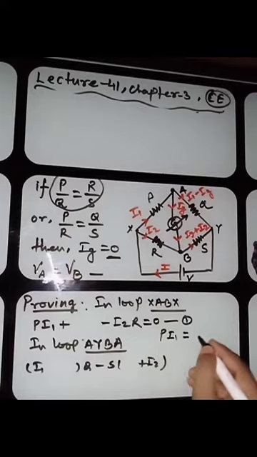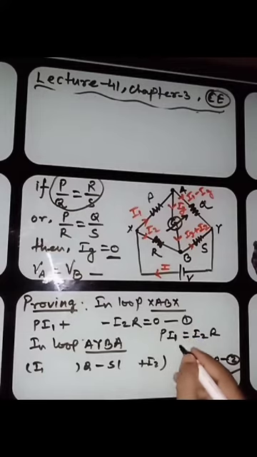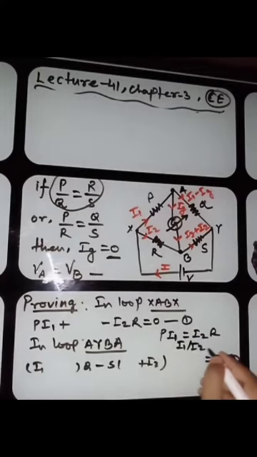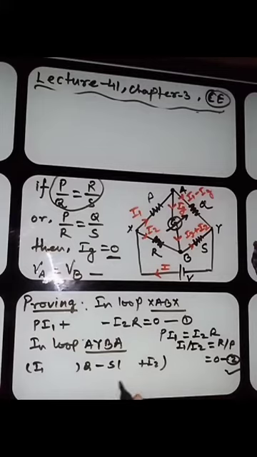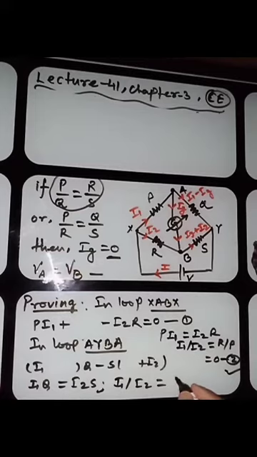P I1 is equal to I2 R, so I1 by I2 you can write as R by P. Okay, I1 by I2 is R by P. And now from here I1Q is equal to I2S because IG is 0. Again I1 by I2, what will you get? S by Q.